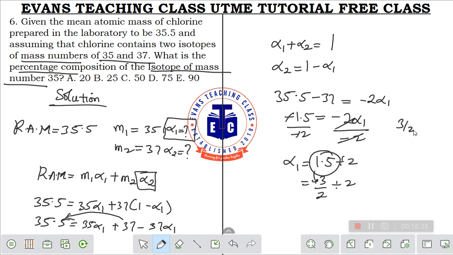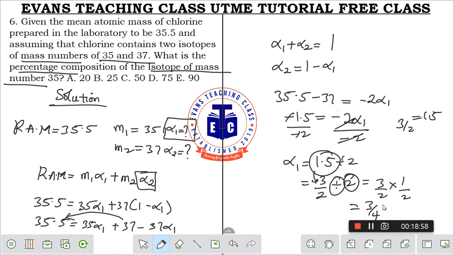So those are methods you can use if you don't want to use a calculator. 3 over 2 divided by 2 becomes 3 over 2 times 1 over 2, because division changes to multiplication by the reciprocal. So we have 3 over 4, that is 0.75.